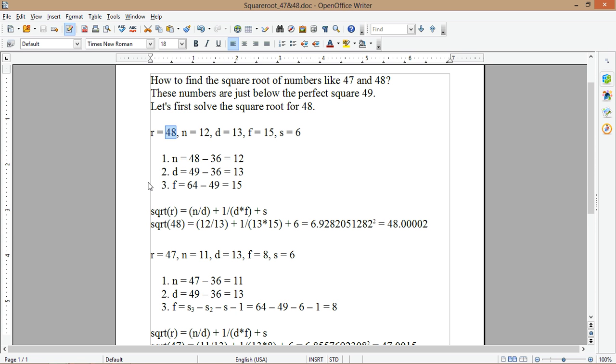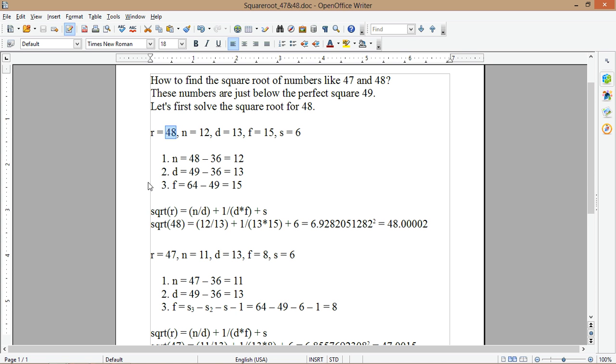It also works for numbers like 24, 15, 80, let's see, 99, right? Those are all numbers that are just one natural number below perfect squares. 24 is just below 25, which is a perfect square. 35 is just below 36, it'll work for that.